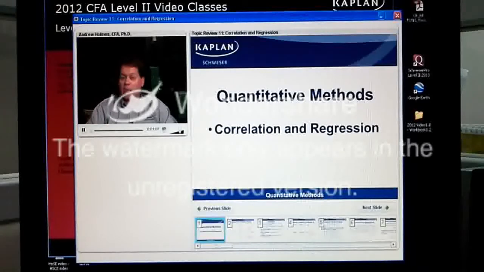What you see in the quant methods in your Schweizer notes or here on the video is going to look a lot like what you're going to see on the exam. There's not a whole lot of improvisation that you can do. There's not a lot of extension and those types of things. So I do believe that this is an effective study area, relatively low-hanging fruit, as it were.